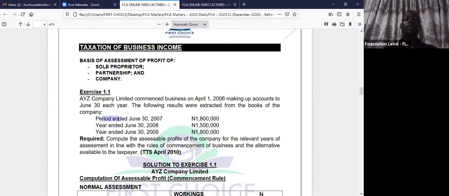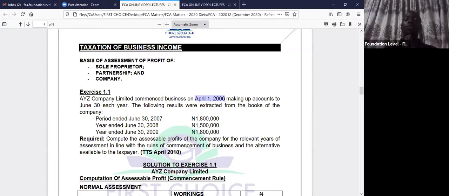Now, what do you do with commencement of business? You watch out for 3 years. 3 years are relevant here. So the first relevant year is the year the business commenced. How will you know the year the business commenced? Look at the date the business commenced. The year is the first year you are looking for. So the business commenced April 1, 2006.